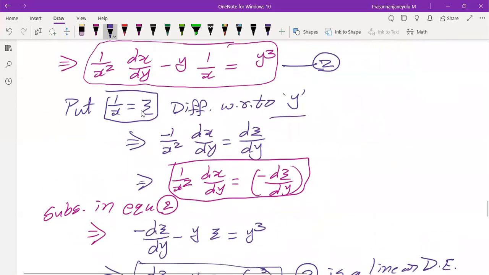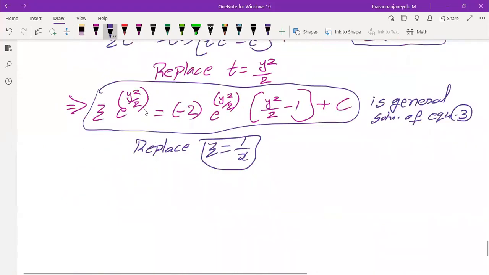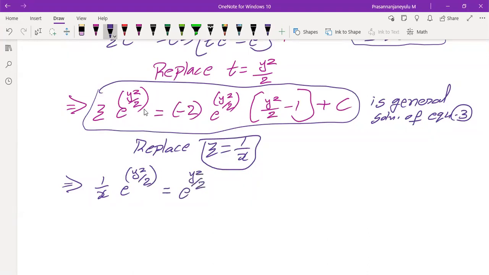Here we kept it in the box. 1 by x equals to z. So replace z equals to 1 by x. If we replace that, then we'll get 1 by x into exponential of y square by 2 is equals to minus 2. I'm taking inside. What is going to become? Exponential of y square by 2 into minus 2 minus 1 becomes plus 2.